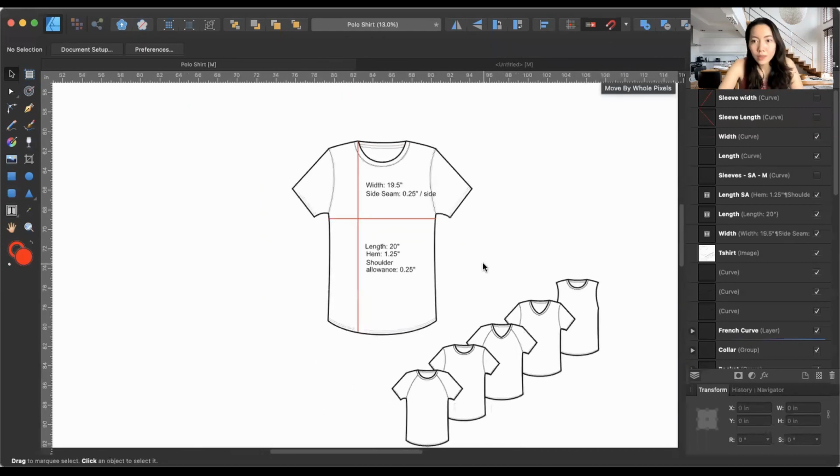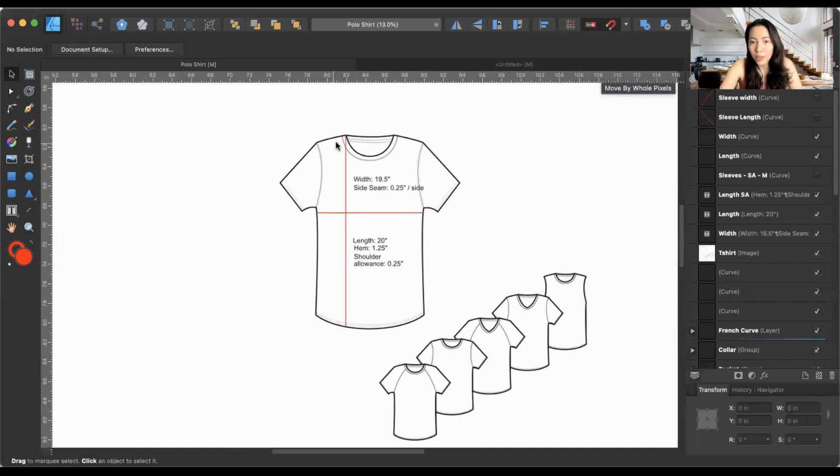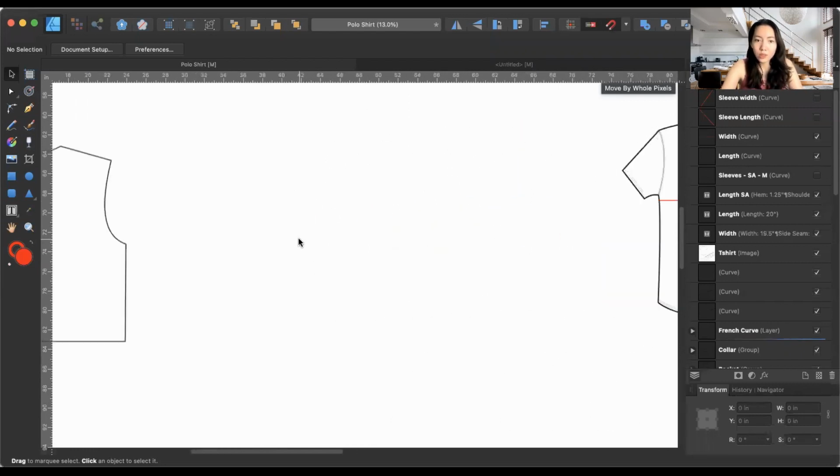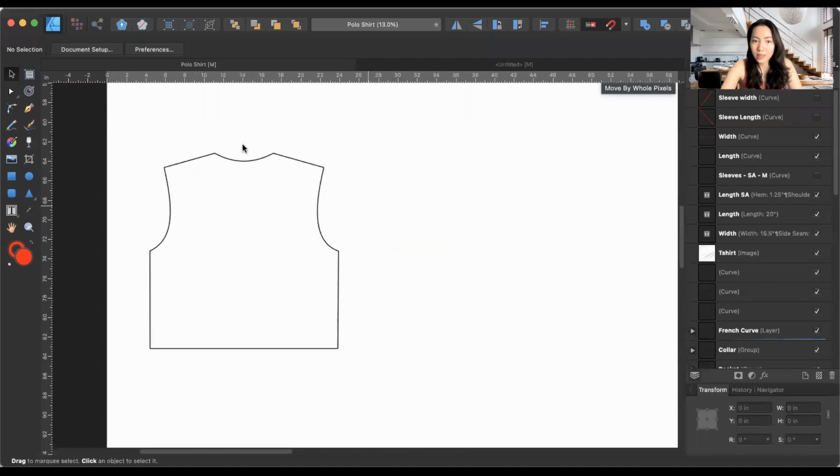Anyway, I'm going to show you guys what the pattern for a t-shirt would look like. Basically we're just going to remove the sleeves, so it's going to look a bit like this. This is your bodice pattern. And now that you have your measurements, you're just going to check how they would fit into a yard.